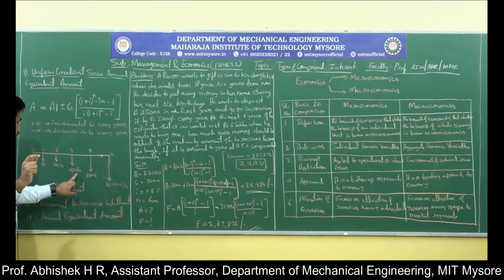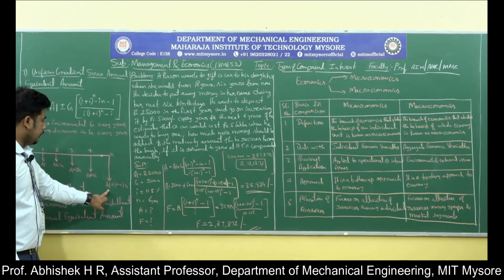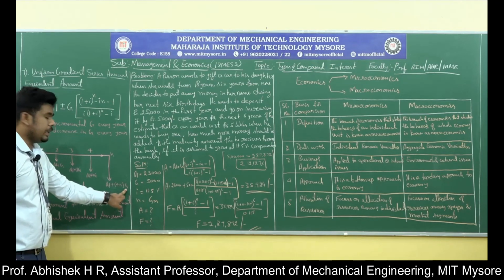Then in the third year, A1 plus 2G, again increasing the amount. Like that, after n periods, A1 plus (n minus 1) into G.